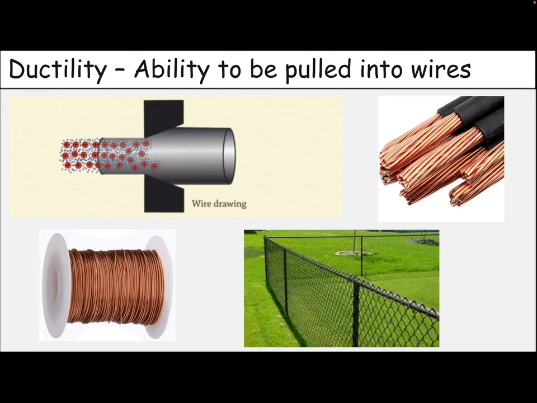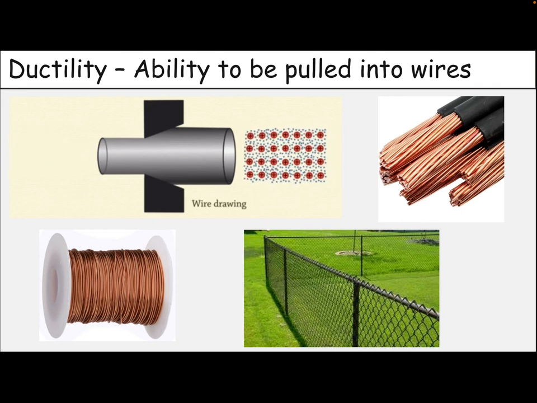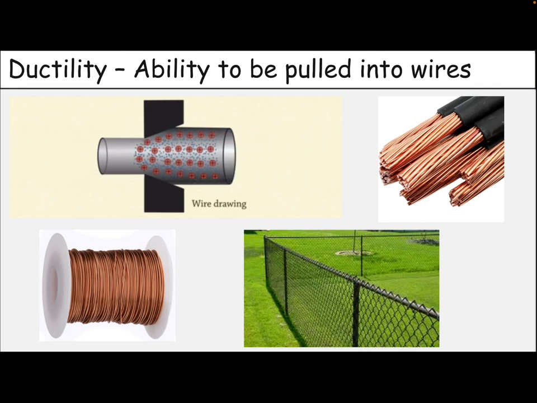Not only is copper a good conductor of electricity, it's ductile and we can stretch it into a wire. On the top right-hand side and the bottom left-hand side, we're able to see real-life examples of how copper is stretched into wire. It's ductility.